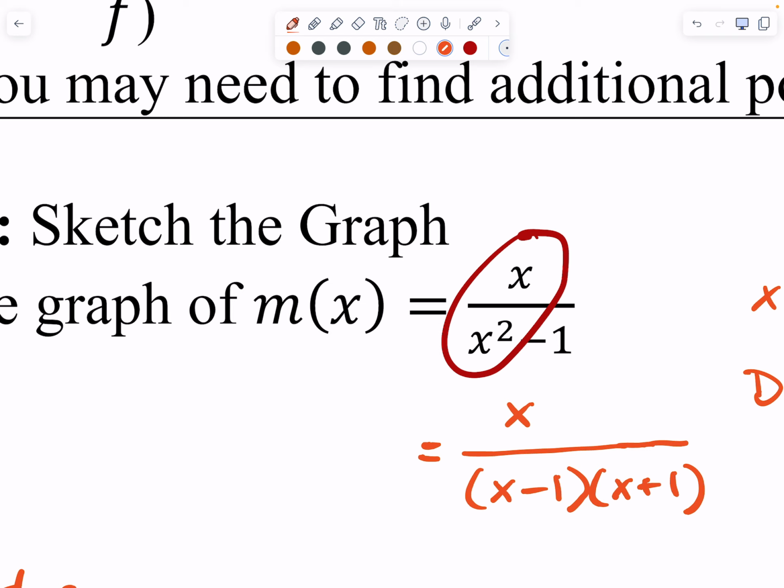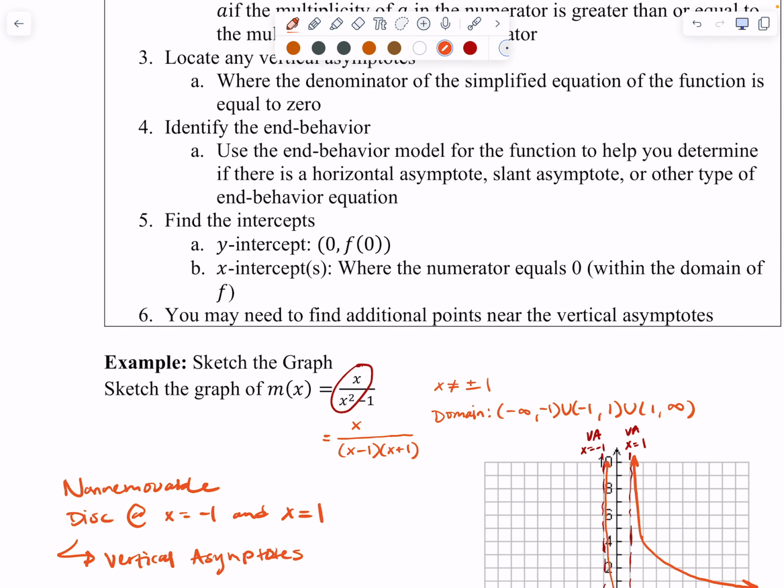Because in the numerator we only have x, x wins the tug of war in the numerator, x squared wins the tug of war in the denominator. So as x gets so large, it's really just the ratio of x over x squared that's going to impact the output values for y, which simplifies to be 1 over x. So it's a model for end behavior. It's not really like a parent function. But really good questions, you guys.